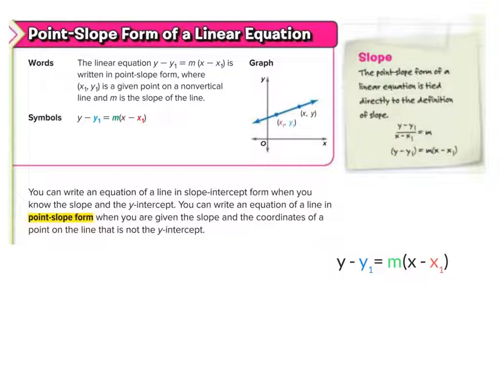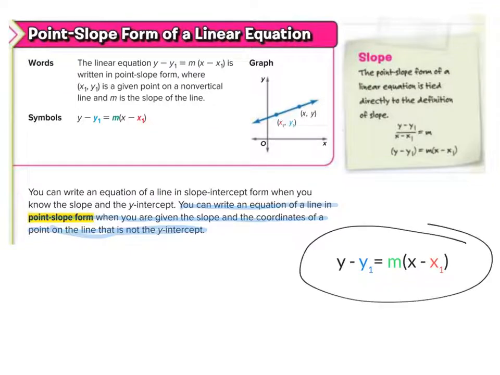So this is where point-slope form is useful, because you can write an equation of a line in point-slope form when you are given the slope and the coordinates of a point on the line that is not the y-intercept. So that's when it's useful. And you can write it in this format.